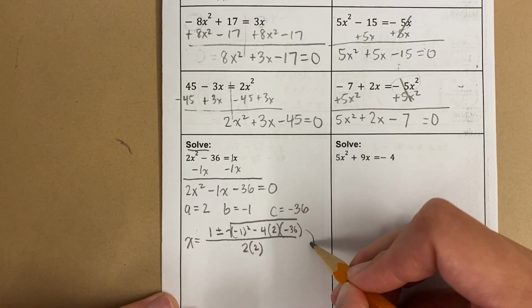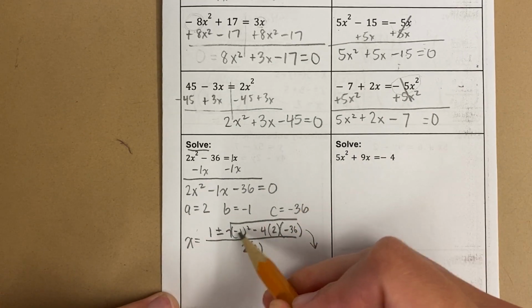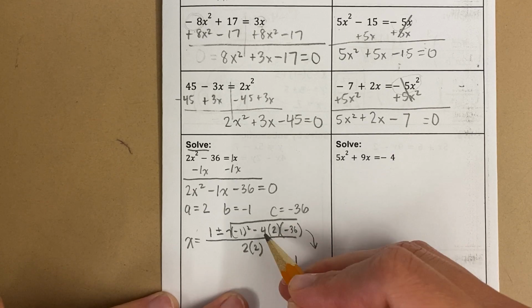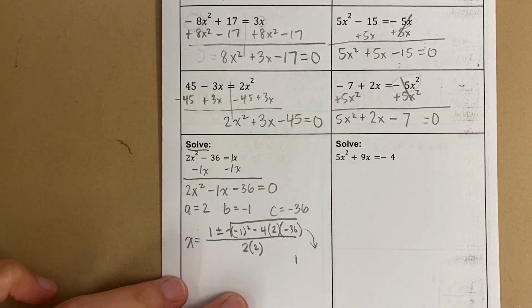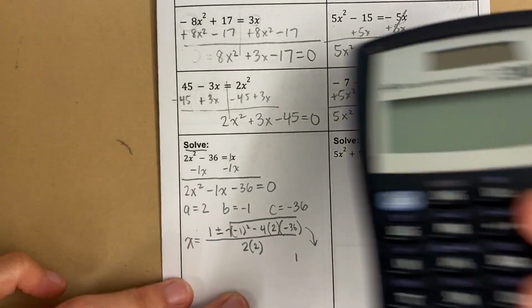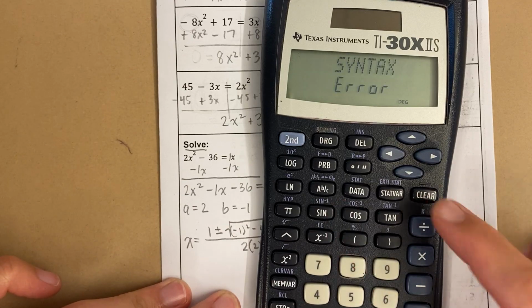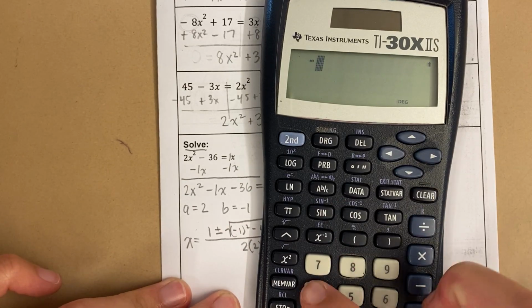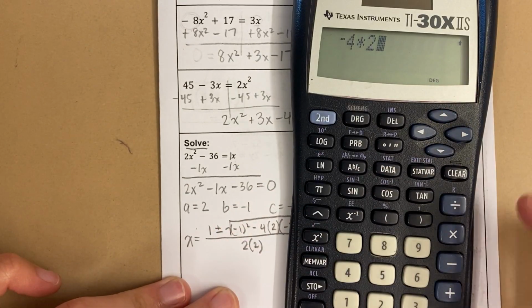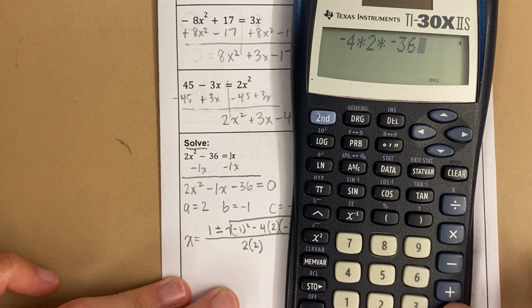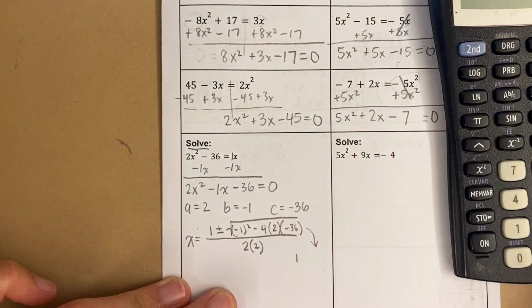All right, let's do it. This is negative 1 squared, that's 1. This is negative 4 times 2 times negative 36. Let's be lazy, let's use a calculator. Negative 4 times 2 times negative 36. I get 288.